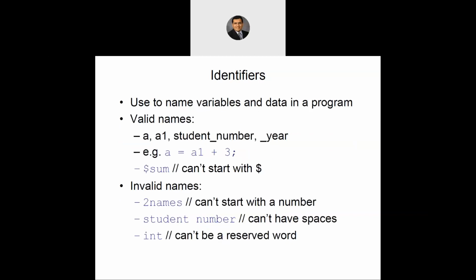Now, a variable in a program is very important. Without a variable, your program pretty much cannot do much. It can only display. Now, look over here. We have got some valid variable names and we have got some invalid variable names. Right over here, you can see a variable name that starts with a number. Since it starts with a number, it is invalid.